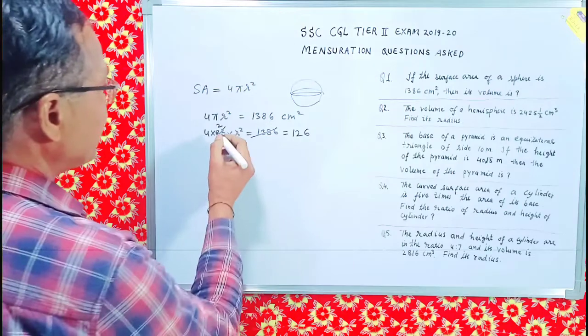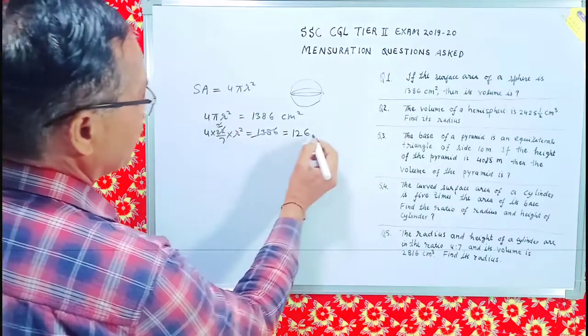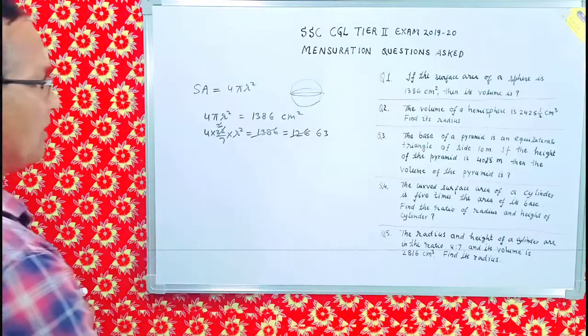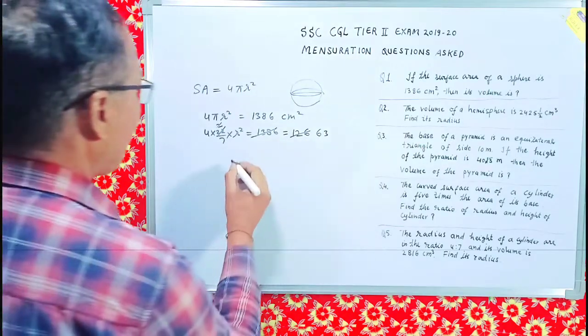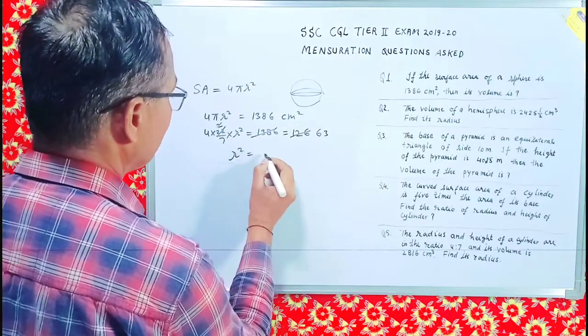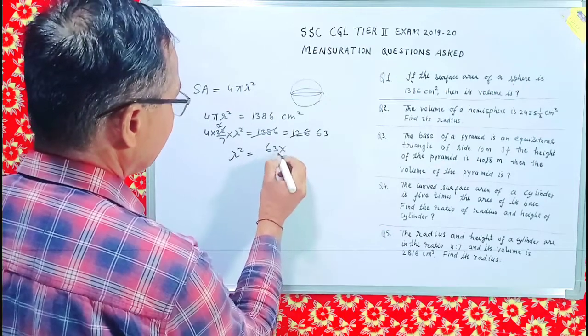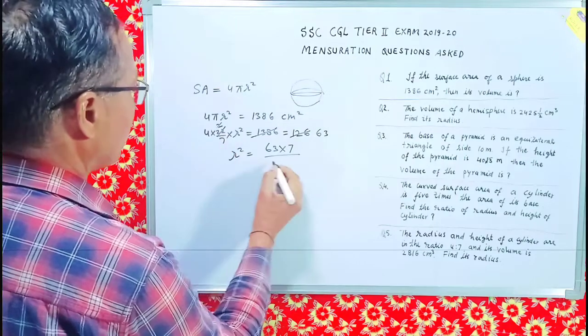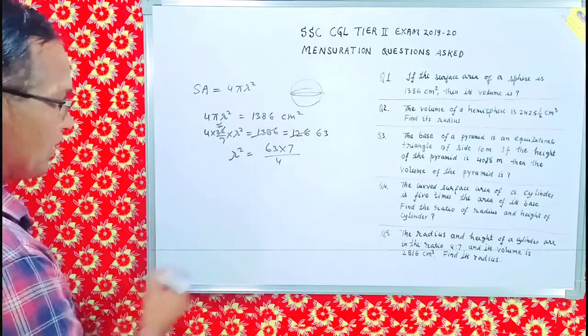Now by this 2 we can cut it, 2 6 ja 12 and 2 6 ja 3. Now r square is equal to 63, and this 7 goes in cross multiplication on the top, and this 4 will come down like this.